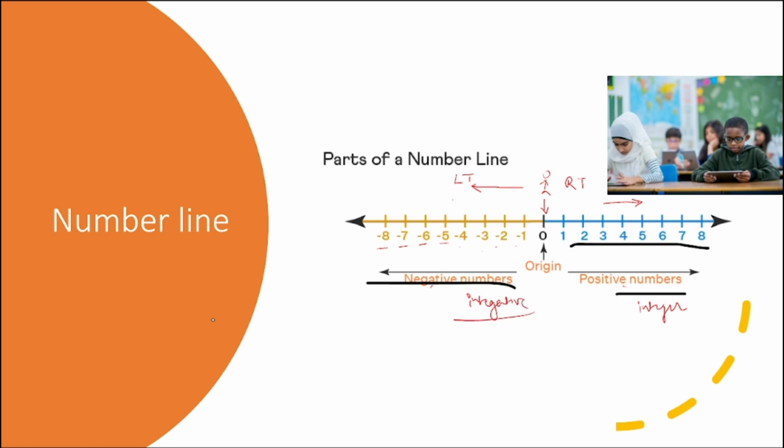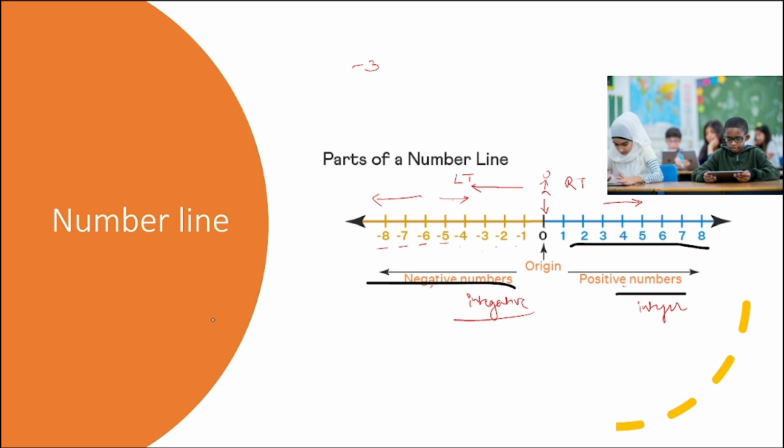So how do you compare now? We learn to compare positive and negative integers, to see which one is greater and which one is lesser. The concept here is that the number which is more to the left is lesser than the number on the right side.